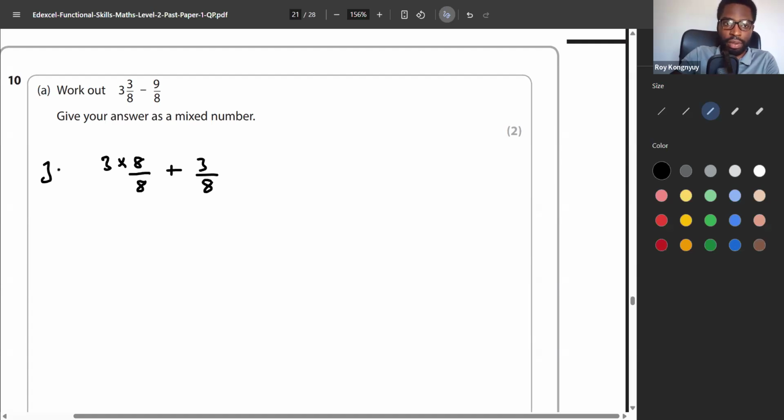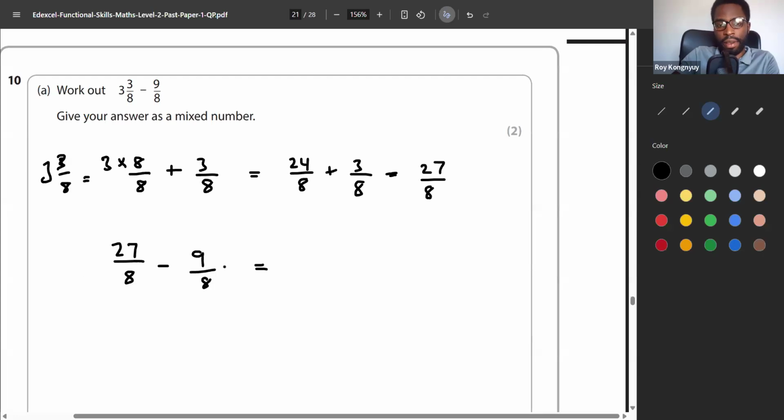So 3 and 3/8 is equal to 24/8, because 3 times 8 is 24, plus 3/8. That's 27/8. And we already know 9/8. So we just want to do 27/8 minus 9/8. Now that's actually 18/8.